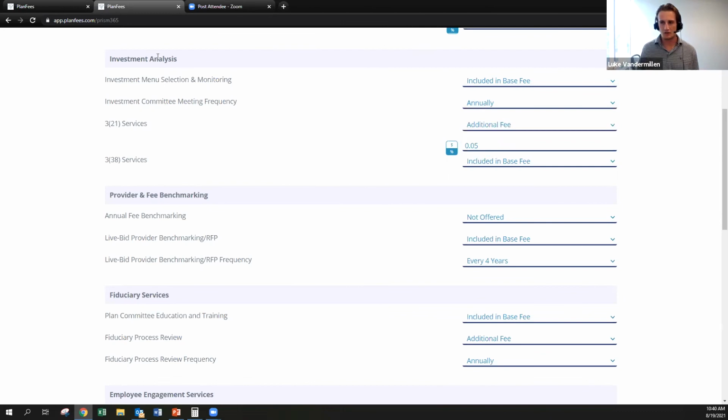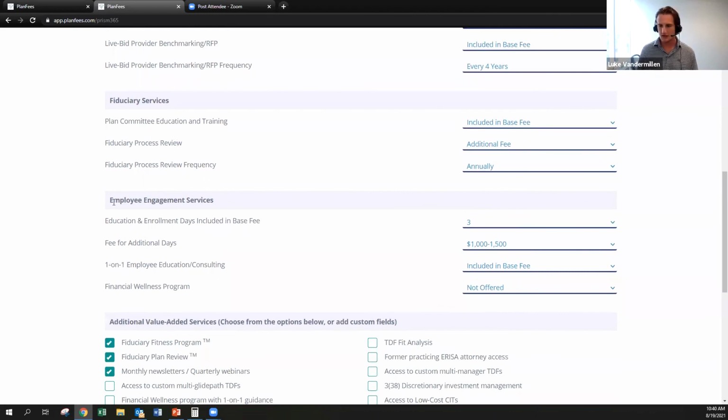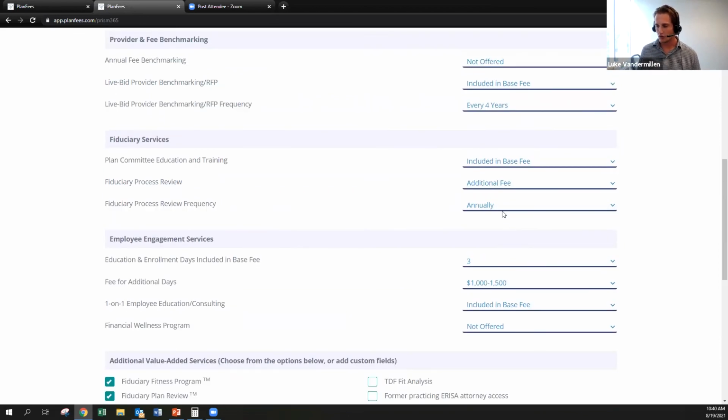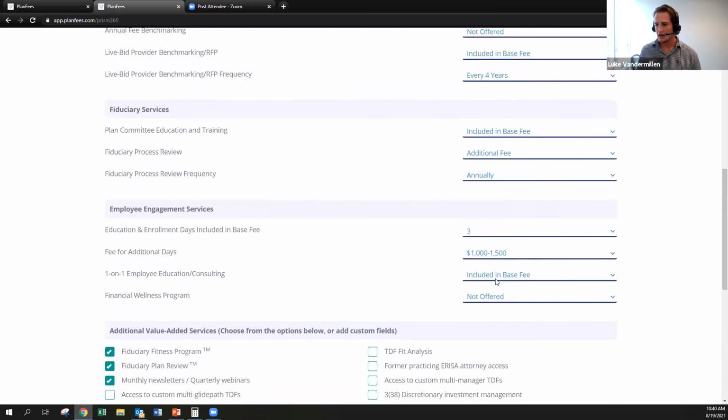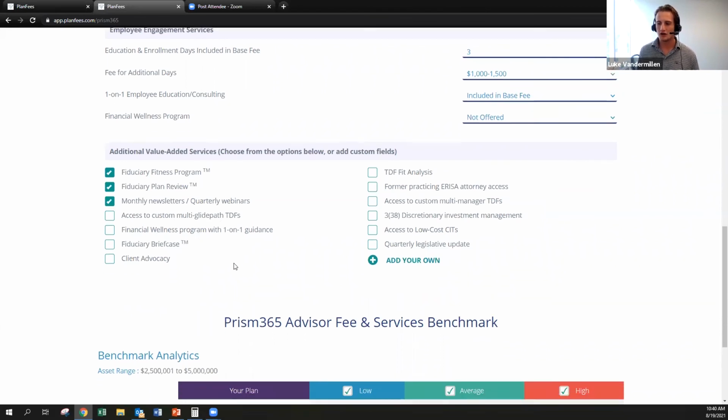So you can see here, taking a look at investment analysis services, provider benchmarking, fiduciary services, plan committee education and training, and then lastly, the employee engagement services. The advisor just has to answer these 14 multiple choice questions here, and then they can also add in some value added services as well, so anything that would be proprietary to their own firm.